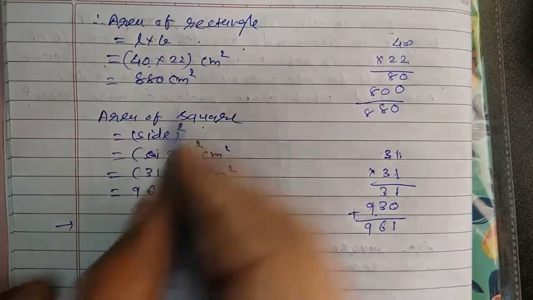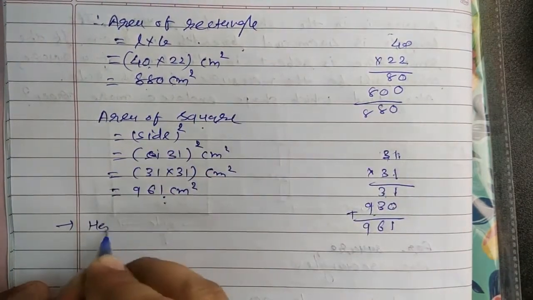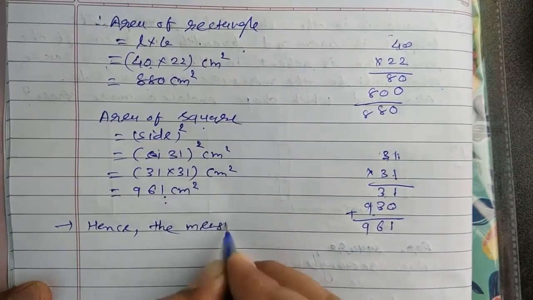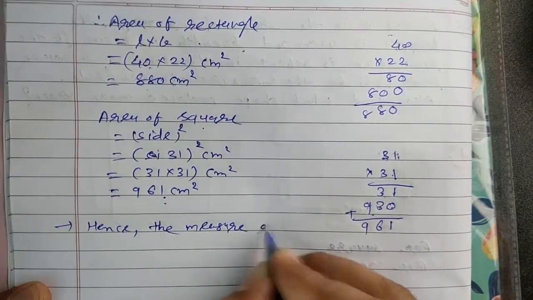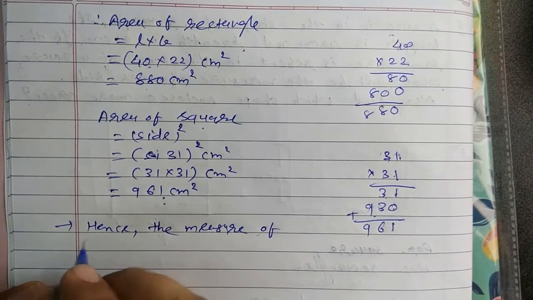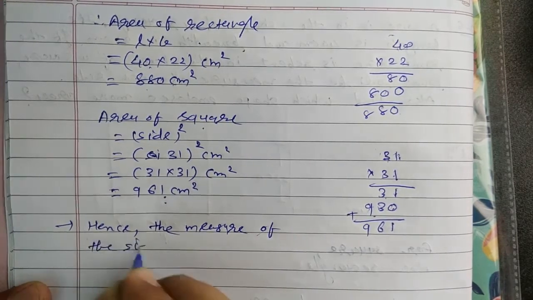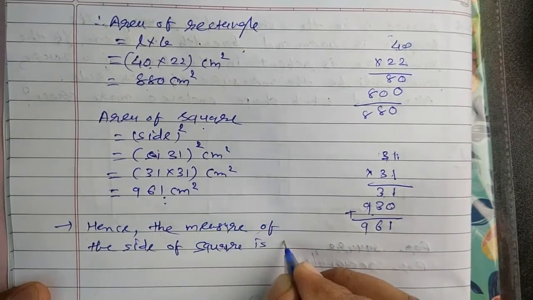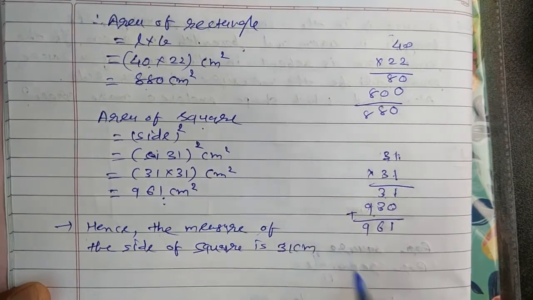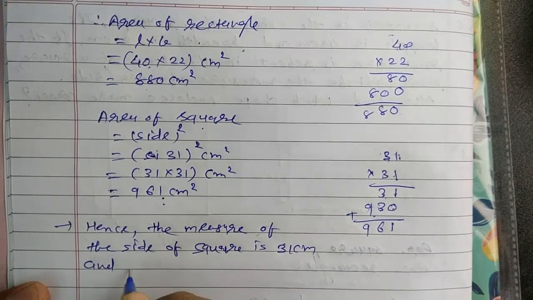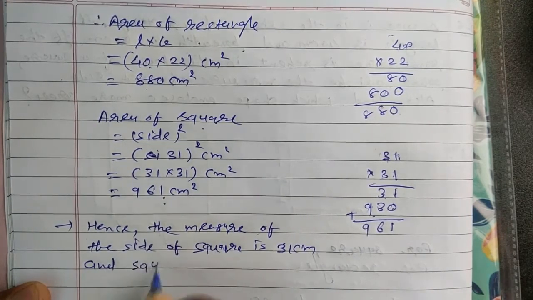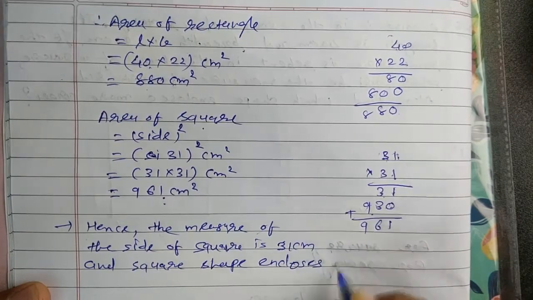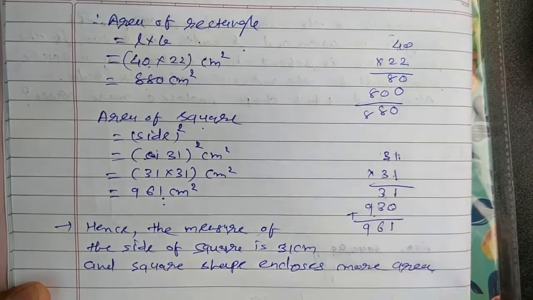So we can write from this solution, hence, first we found that the measure of the side of the square is 31 centimeter, and the square shape encloses more area.